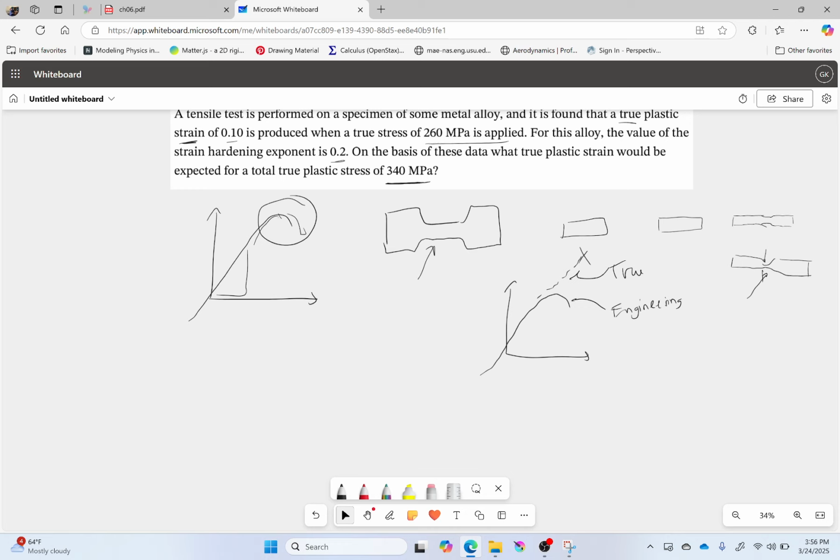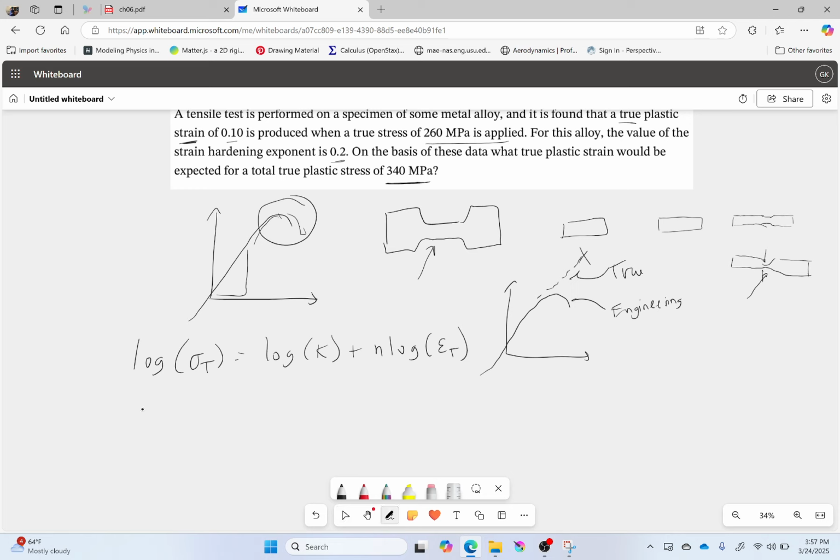You can look them over. So log of true stress is equal to log of K plus N log of true strain. Okay, that's pretty good there.